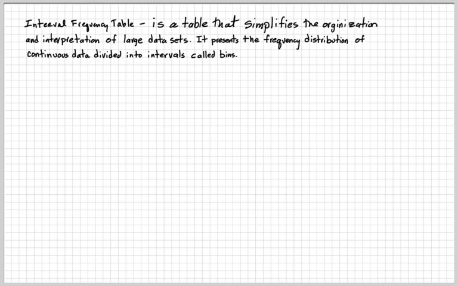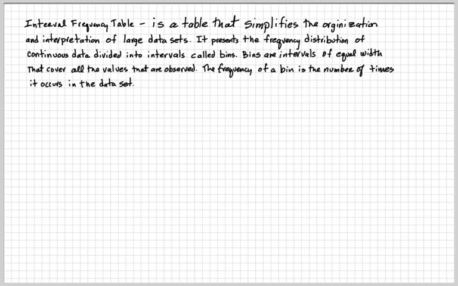Technically you could have discrete data, but interval frequency tables usually have continuous data, meaning it has decimals or fractions. Bins are intervals of equal width that cover all the values that are observed. The frequency of a bin is the number of times it occurs in the data set.